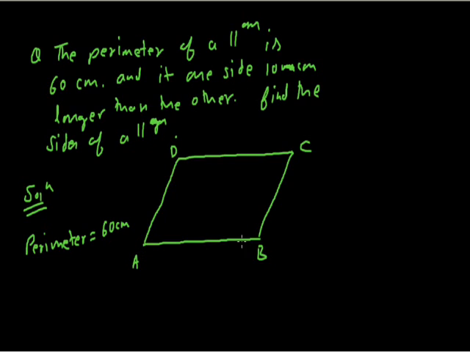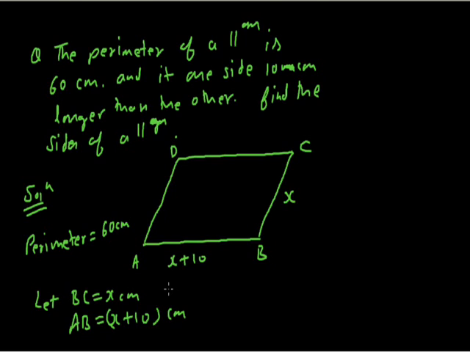Let's say this side BC is x centimeter, and AB is 10 centimeter more than BC, so the length of AB should be x plus 10 centimeter.